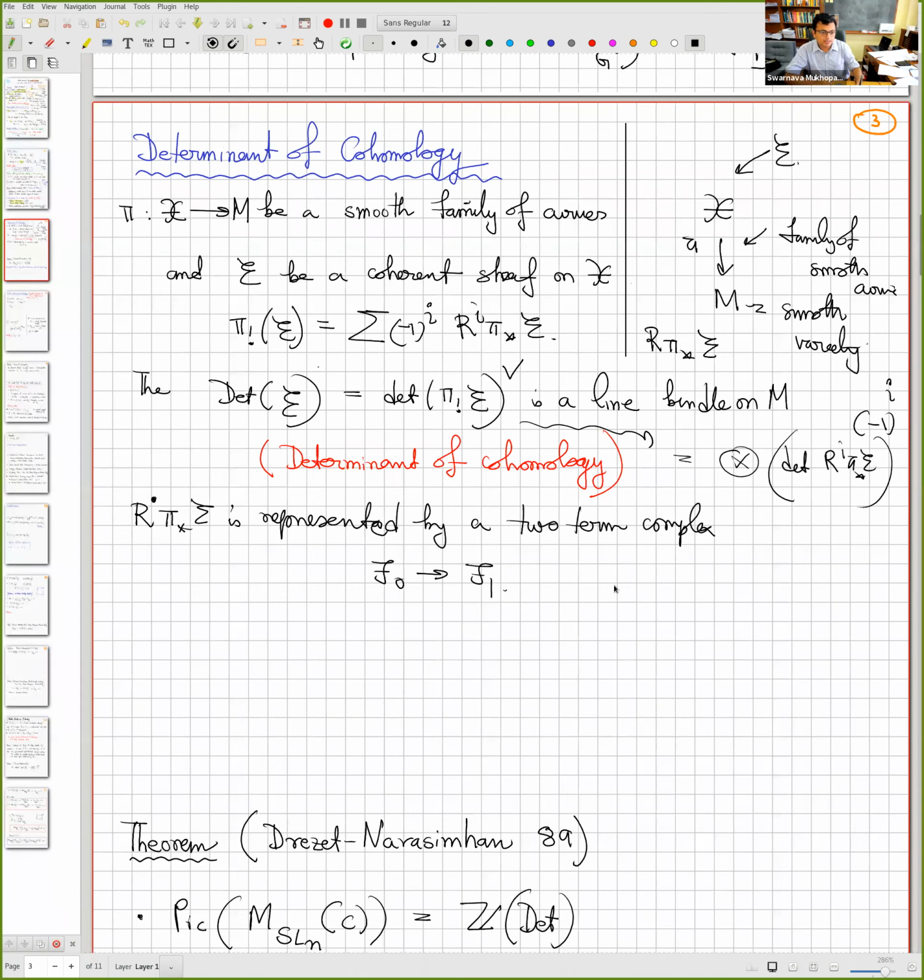The cohomology groups are given by the kernel and the cokernel of this map, and if I take a point t in M, then the fiber of this line bundle at t is exactly the determinant of the cohomology of this thing.